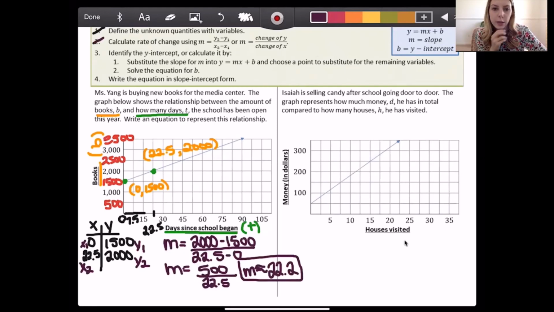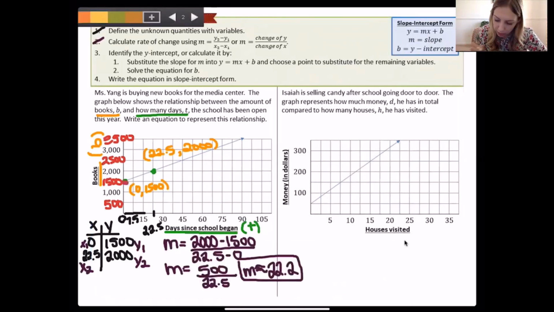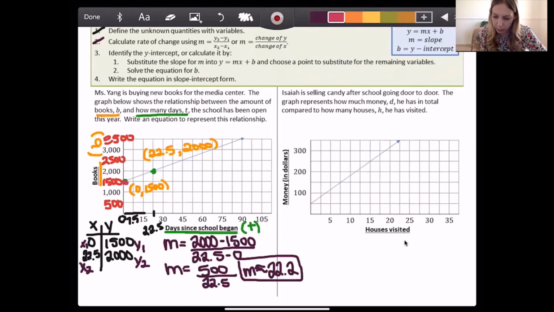I know that it's where my line passes through the y-axis, and I can see that my line started here on my graph. So my b value equals 1,500.